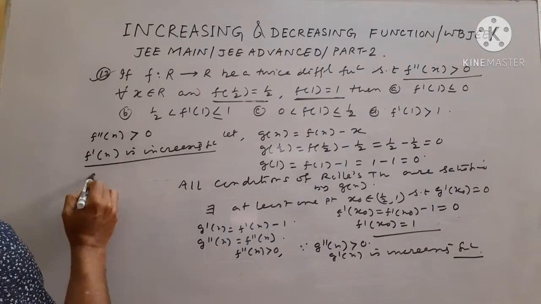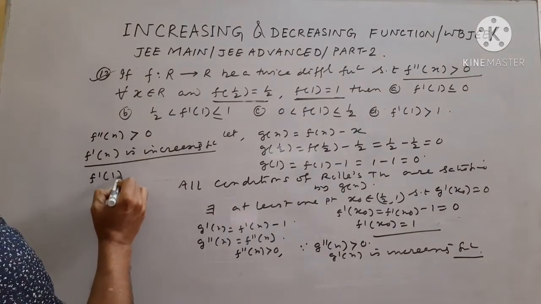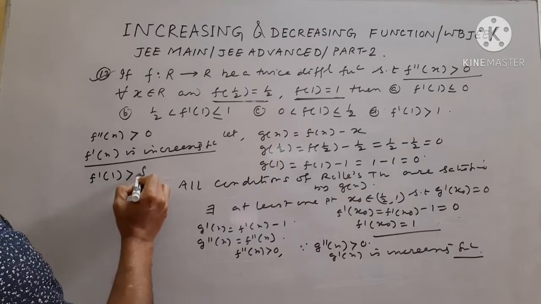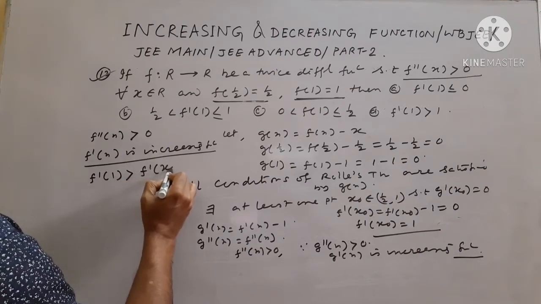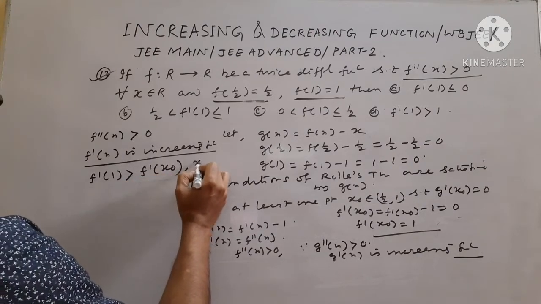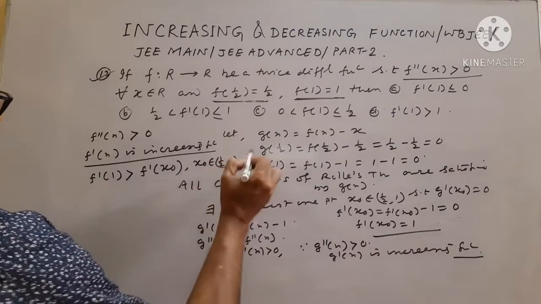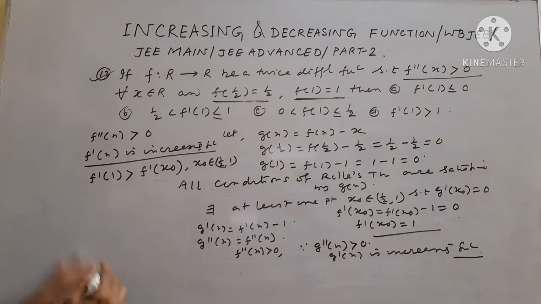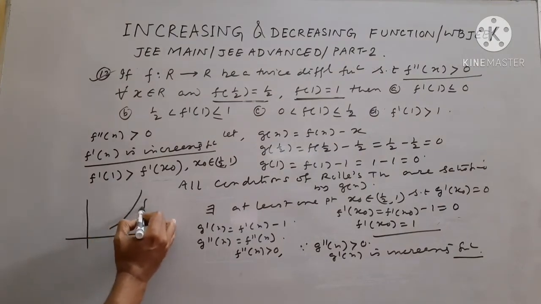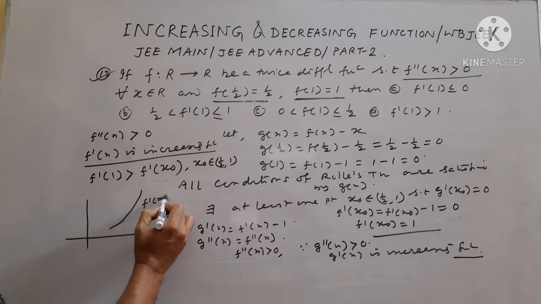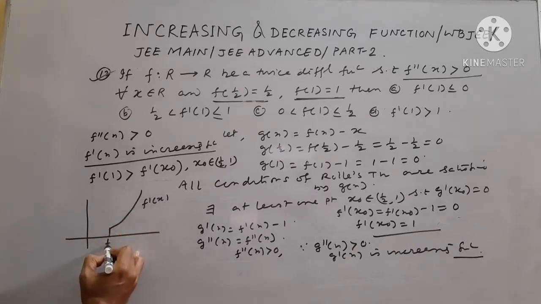So f dash 1 is greater than f dash x0, where x0 belongs to half comma 1. So f dash x is an increasing function; this is half, this is 1, increasing function.